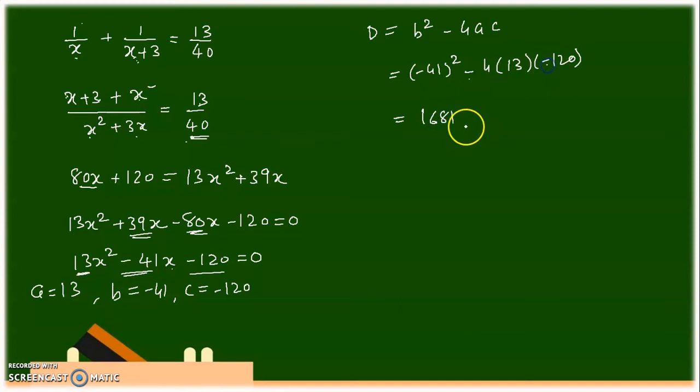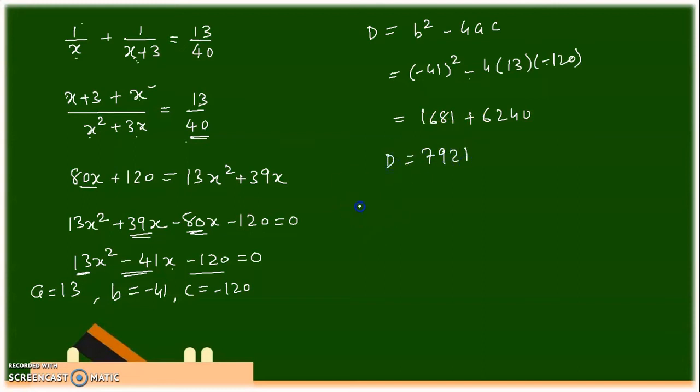Here this minus minus becomes plus, and 4 multiplied by 13 multiplied by 120 is equal to 6240. Now 6240 plus 1681 will be equal to 7921. So this is the value of d.